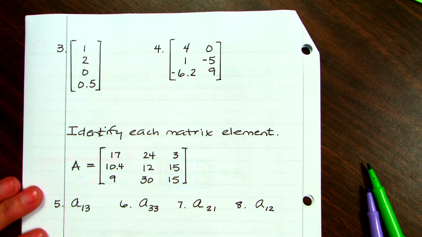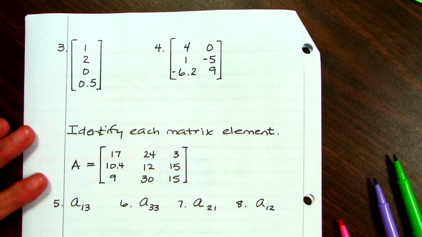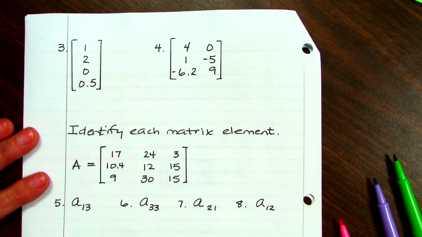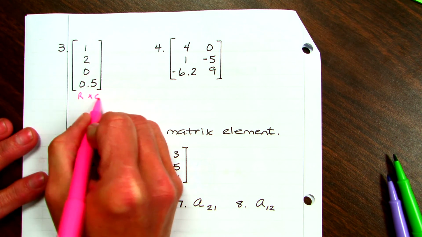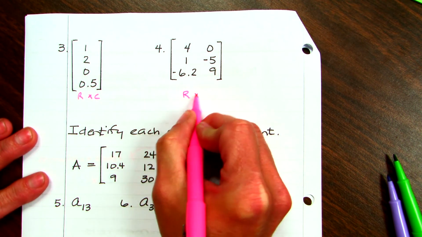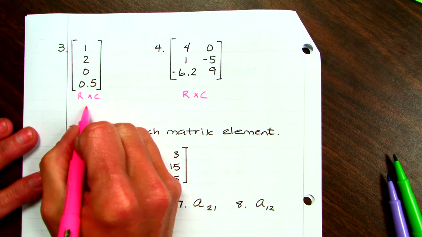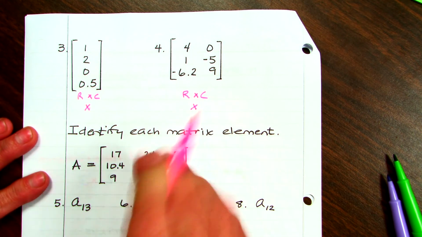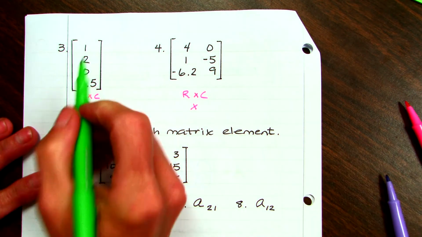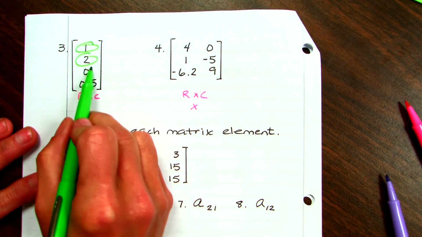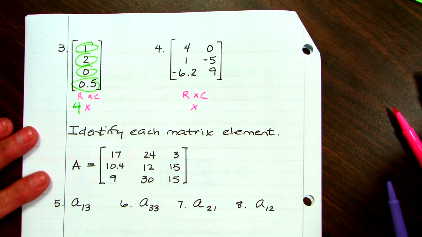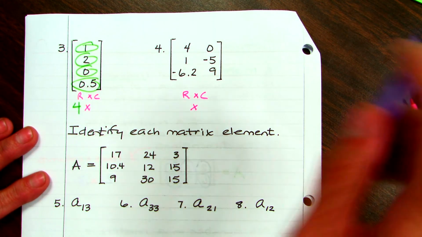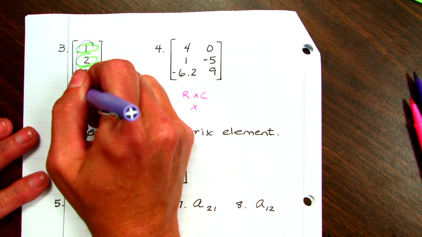All right, so number 3, let's see if we can determine how to write the dimensions of a matrix. So rows by columns, rows by columns. So I'm going to put my by in there. So I have 1, 2, 3, 4 rows, and I have 1 column.